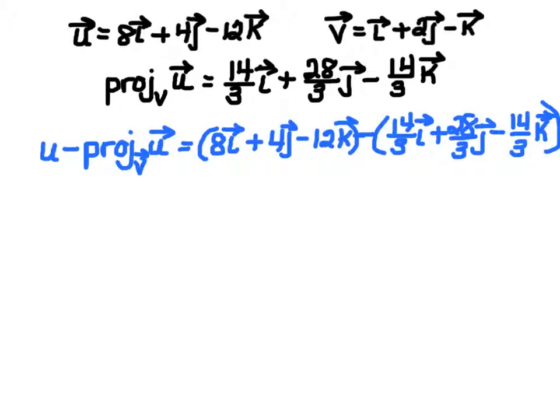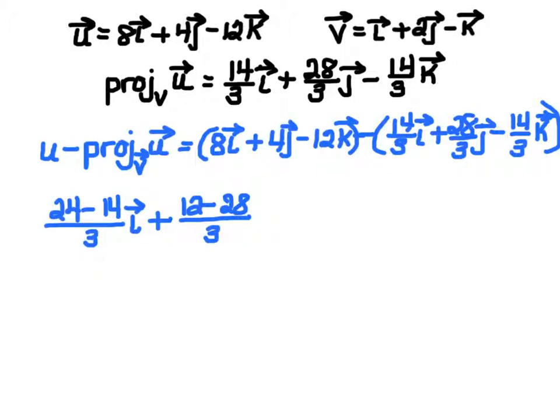So I have 8 times 3 is 24, so 24 minus 14 over 3 in the i direction, plus 4 times 3 is 12, so 12 minus 28 over 3 in the j direction, plus a negative 12 times 3 is a negative 36 plus 14, all over 3 in the k direction.